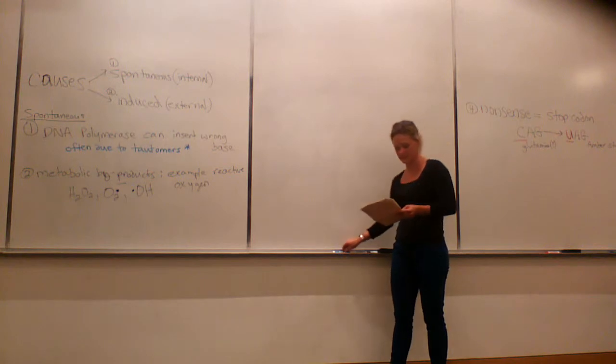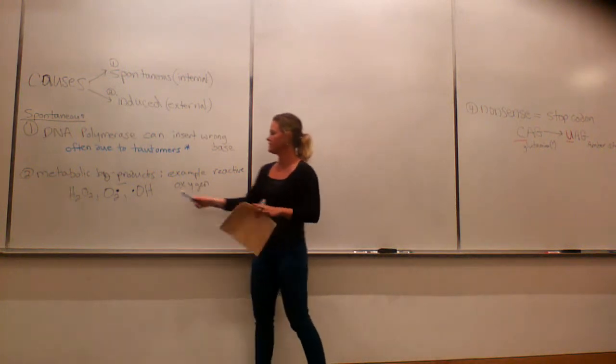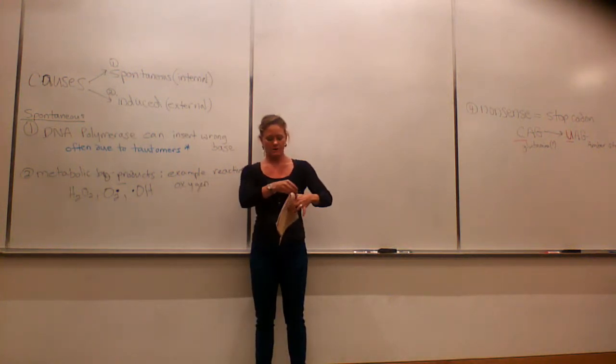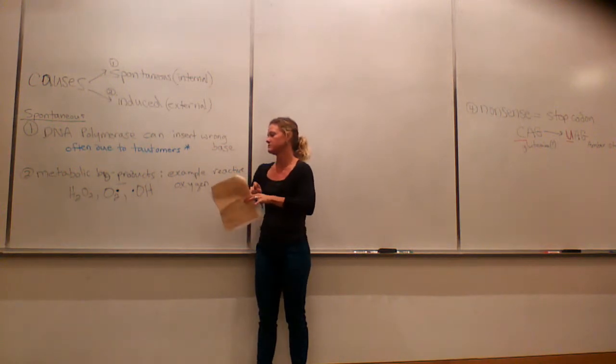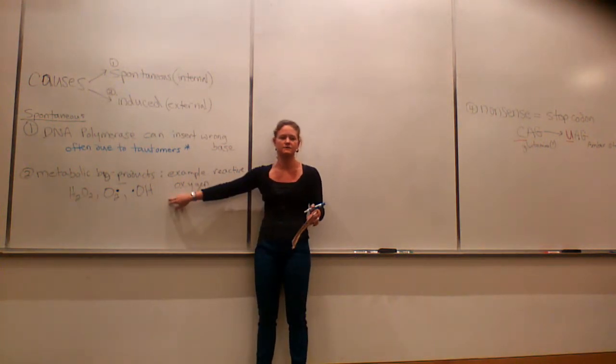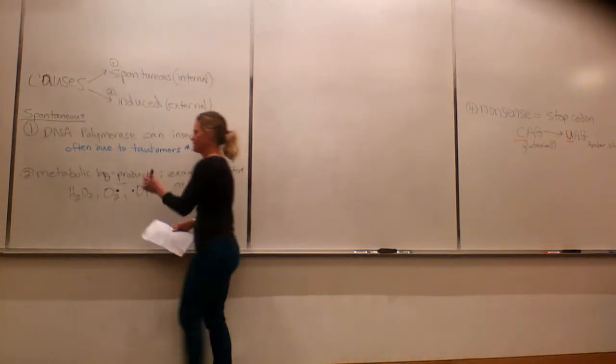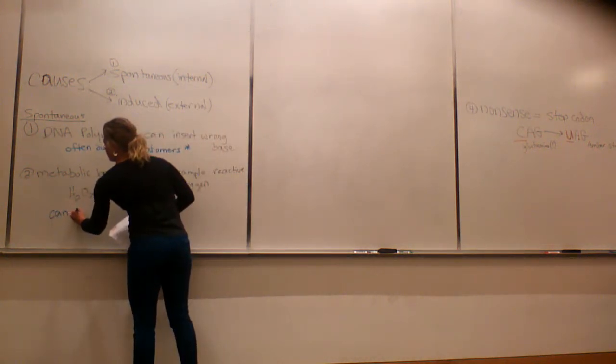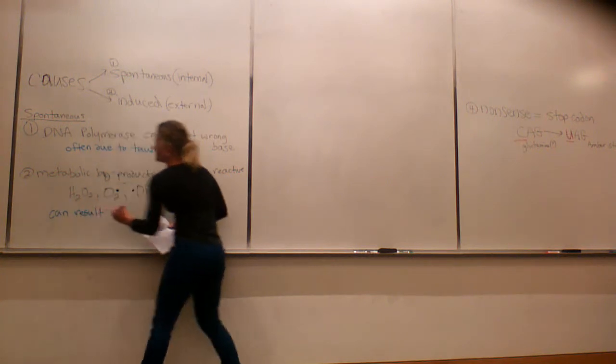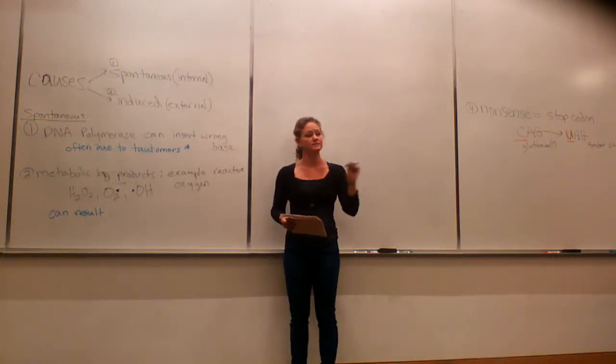What happens after you have these hanging around in your cell and changing the chemical structure of your bases is that often they get mispaired. That's the subsequent result in terms of creating a base substitution.